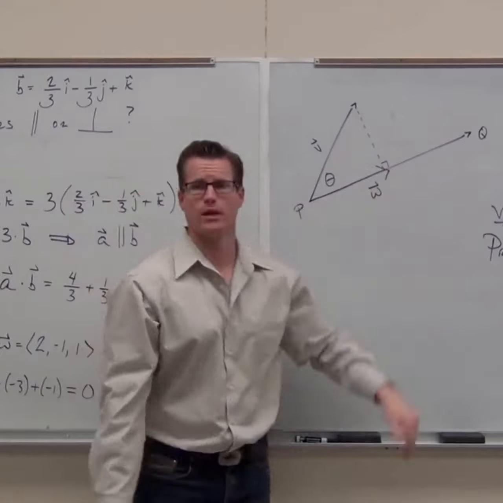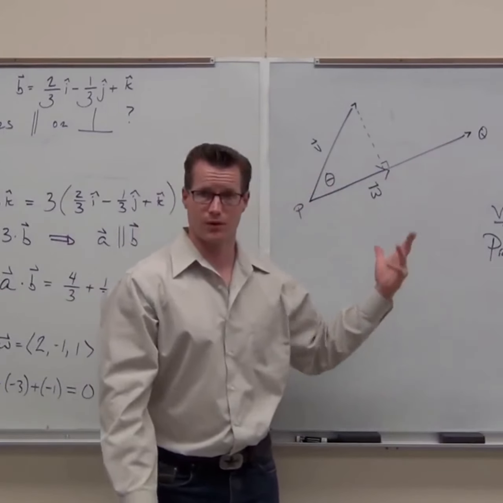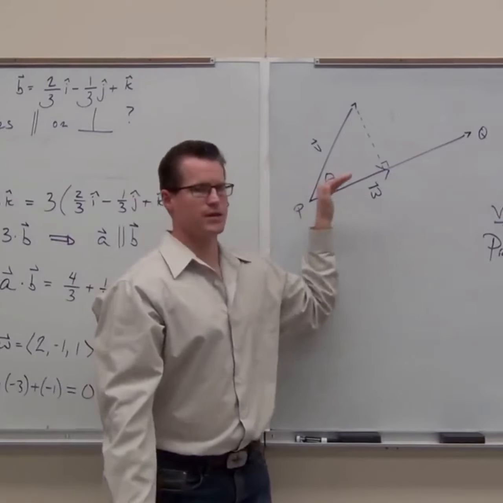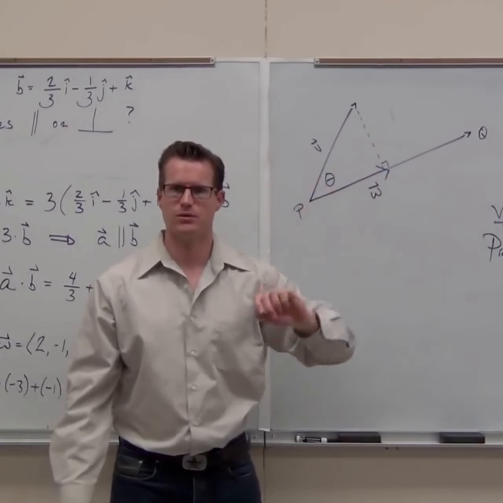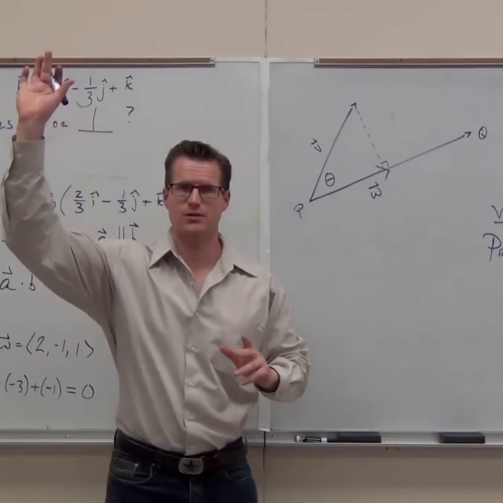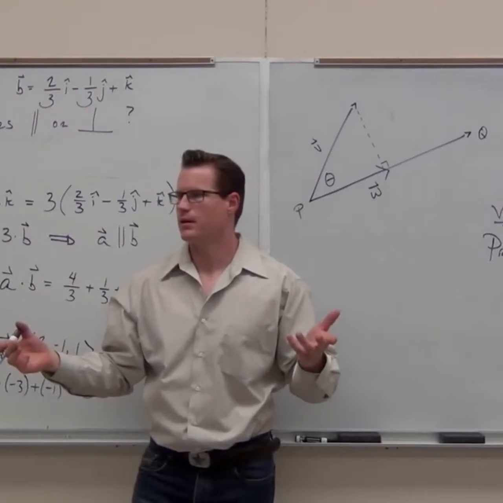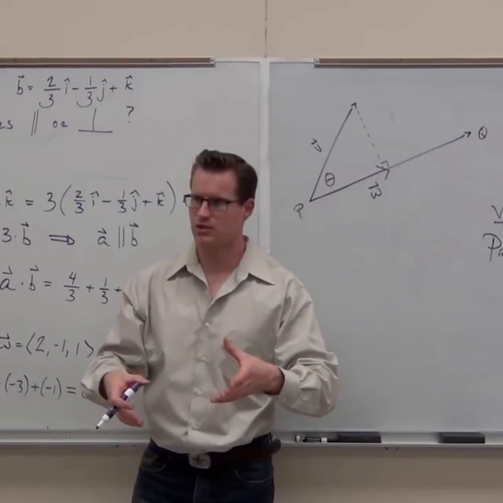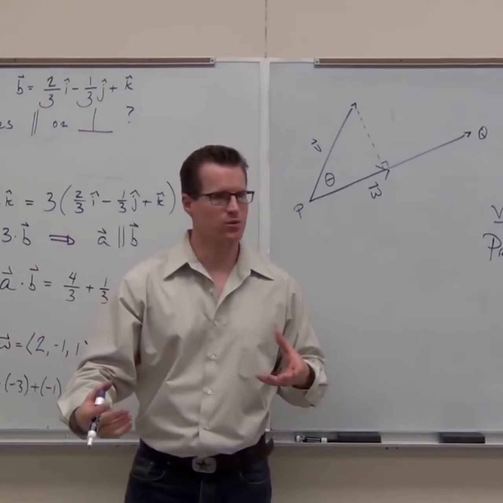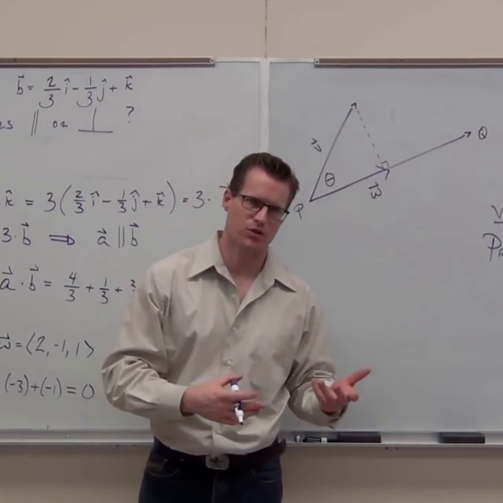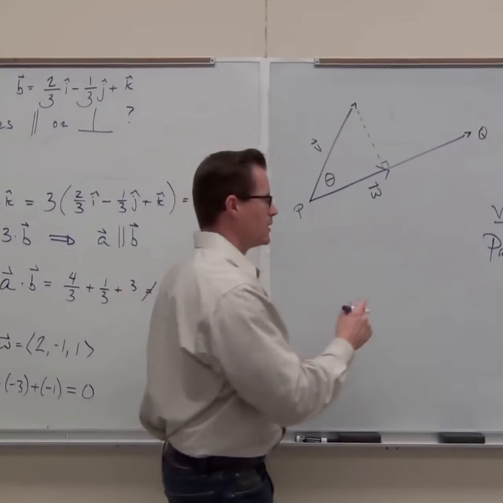It's not going to be the whole length of W. It's not going to be all the way from P to Q according to this vector. It's just going in that direction. That's the projection of V onto W. Show of hands if you feel okay with that one. It's a vector. Now, every vector has a magnitude. The magnitude is what we call scalar projection, or component projection. Just the part of it that's going in the W direction.